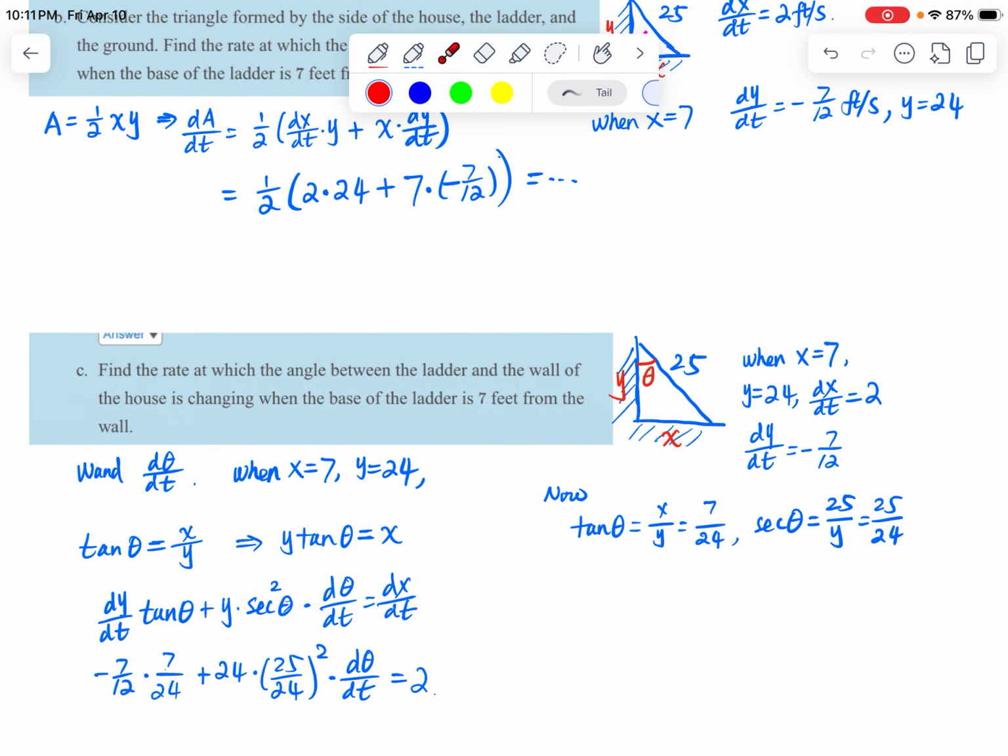Okay, now let's take a look at part C. Find the rate at which the angle between the ladder and the wall is changing. Here's the wall, and this is the ladder, so this is the angle we are talking about. We want the rate at which the angle is changing when x is 7 feet from the wall.